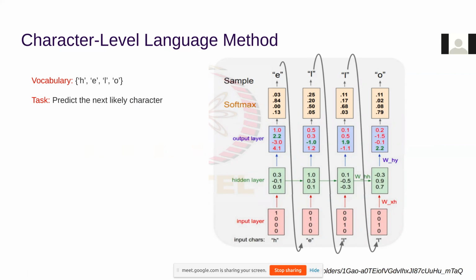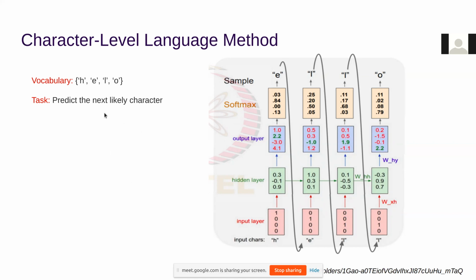Starting with the character H, we take it into an input layer. The input layer is represented as a one-hot encoded vector of the size of the vocabulary, which is 4. So each input vector is of length 4.